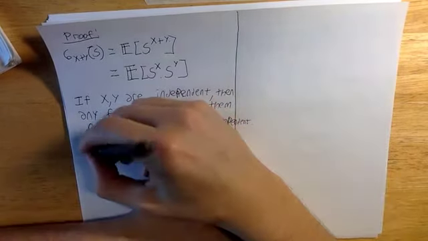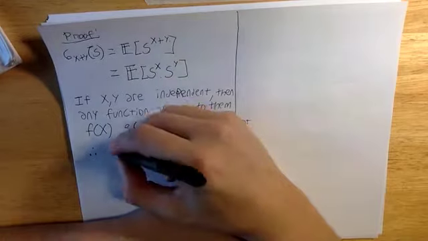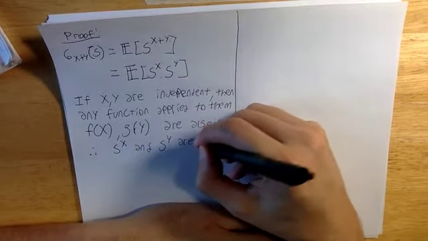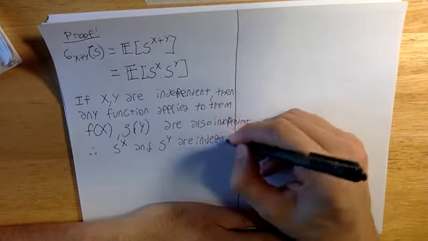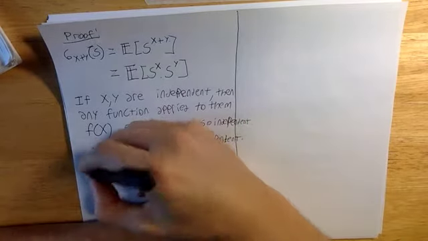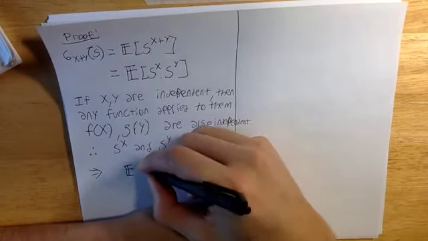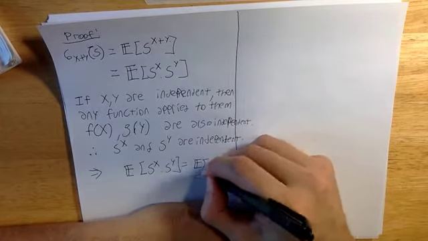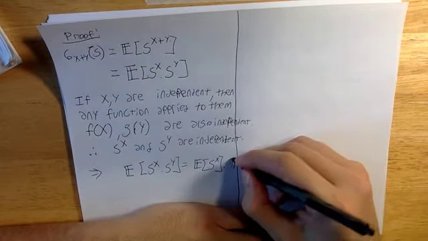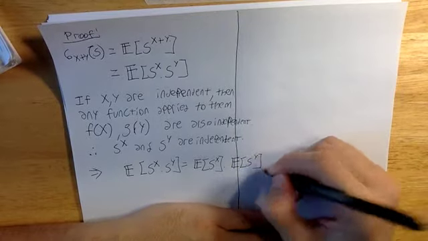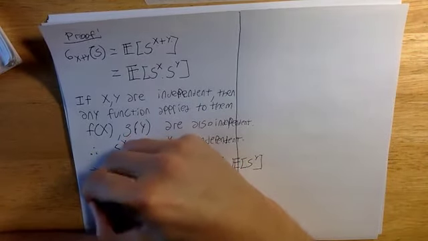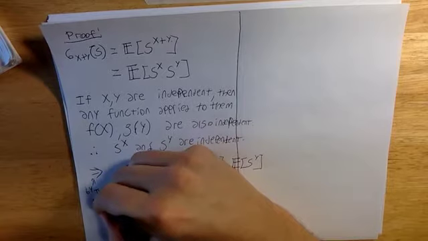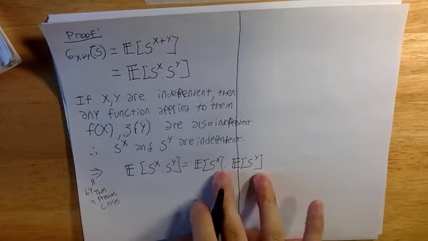Therefore, s to the X and s to the Y are independent, which implies that the expectation of s to the X times s to the Y is equal to the expectation of s to the X times the expectation of s to the Y. This is by a theorem in a previous class: if we have independence of the random variables, we can take the product.